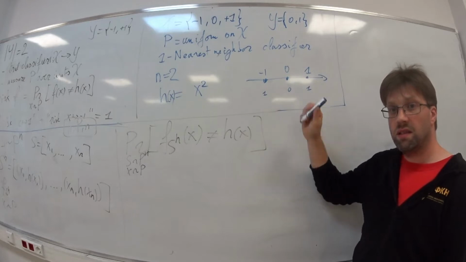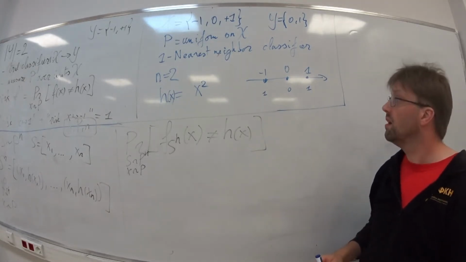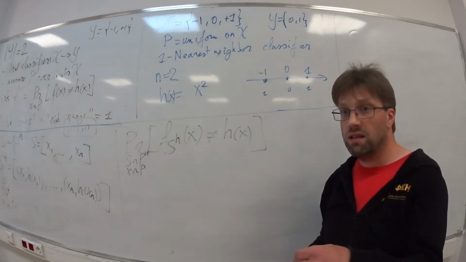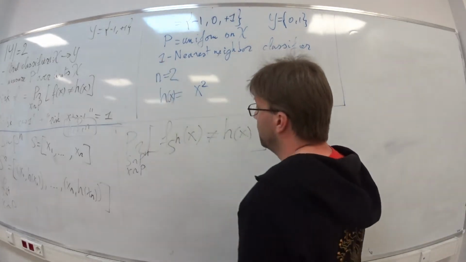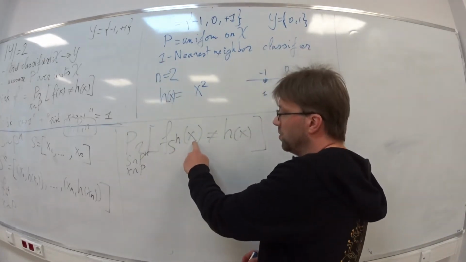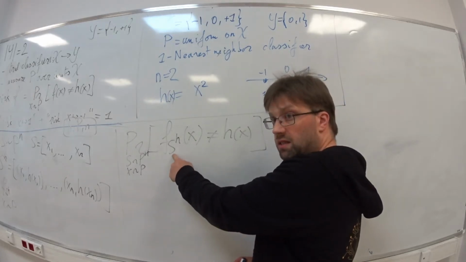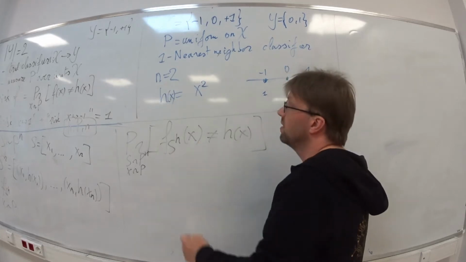Sorry, what do you mean by 1 nearest neighbor classifier? Is it the way we train the model? Yeah. So the output of the nearest neighbor algorithm, given x, it will look to the closest input to x, and then output the same label.